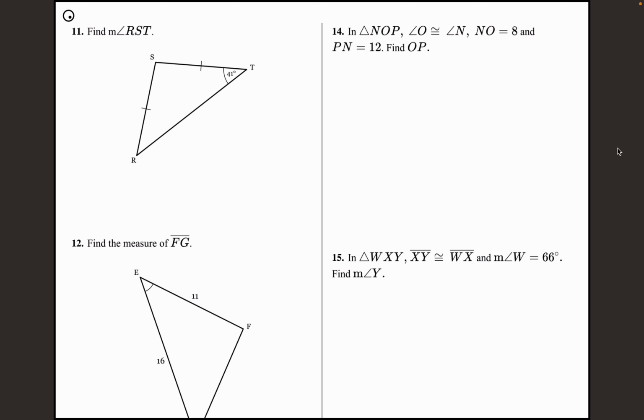No. Erase this. This angle mark is telling us that this angle is congruent to this angle. Okay, so if those two angles are congruent, then you go directly opposite to find your two congruent sides. So what two sides are going to be congruent?